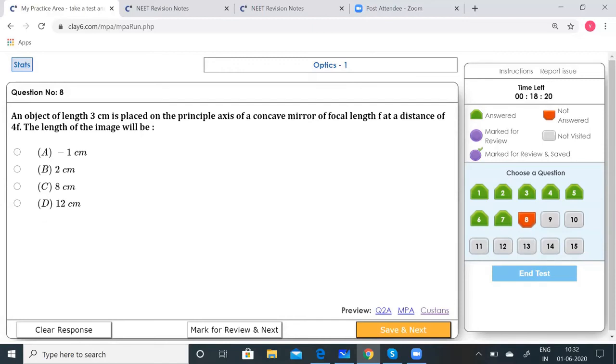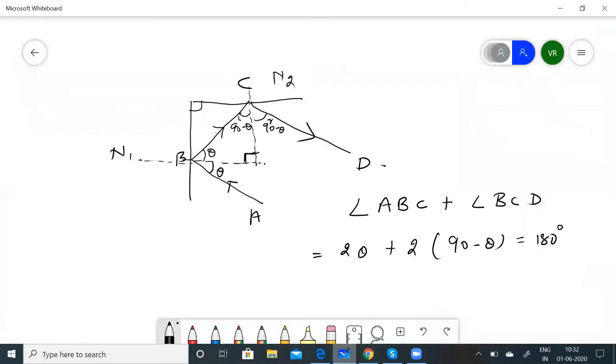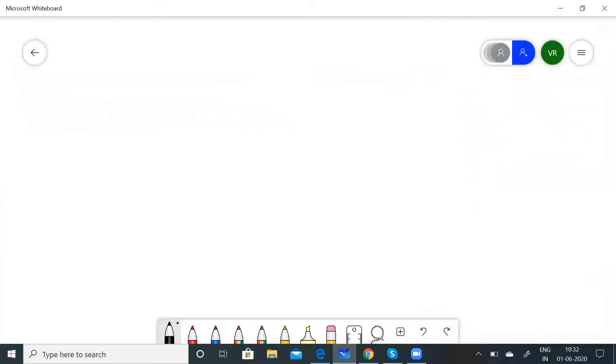An object of length 3 centimeters is placed on the principal axis of a concave mirror of focal length f at a distance of 4f. The length of the image will be what? Okay, let's quickly solve this.